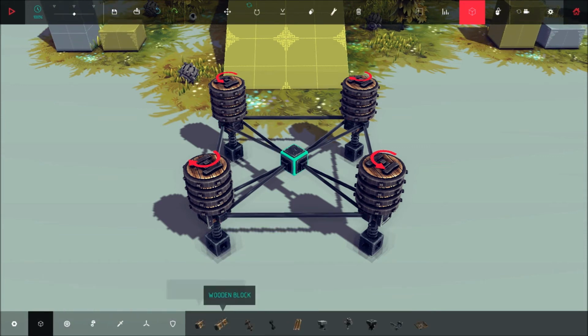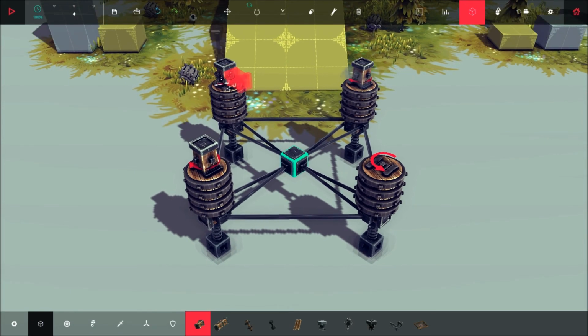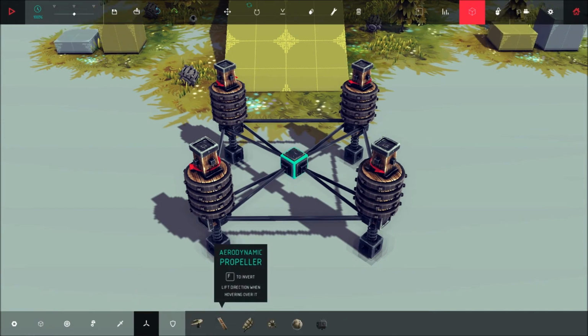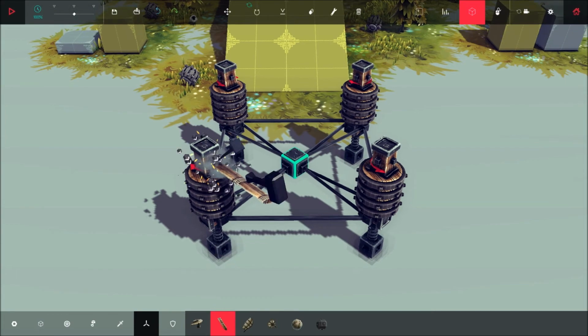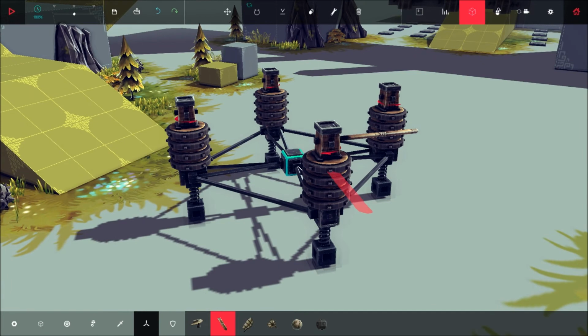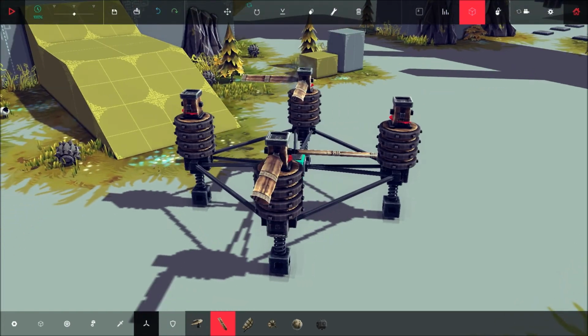Finally, again, you need to put the rotors on, or the propellers, whatever you want to say. These are technically the rotors. Anyway, the last thing you need to do is put your propellers on, and the blades need to be facing, and I'll try to show this. They need to be angled upward in the direction that they're going to be spinning. Now, I don't exactly know the aerodynamic mechanics of that.